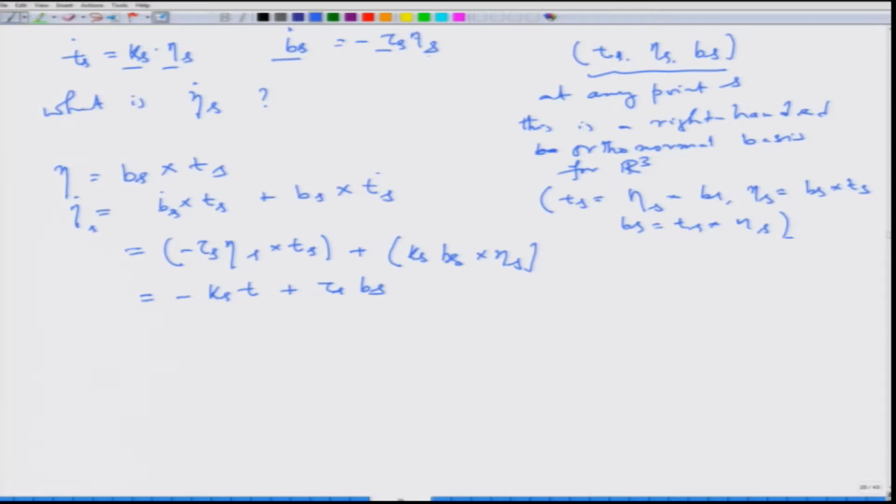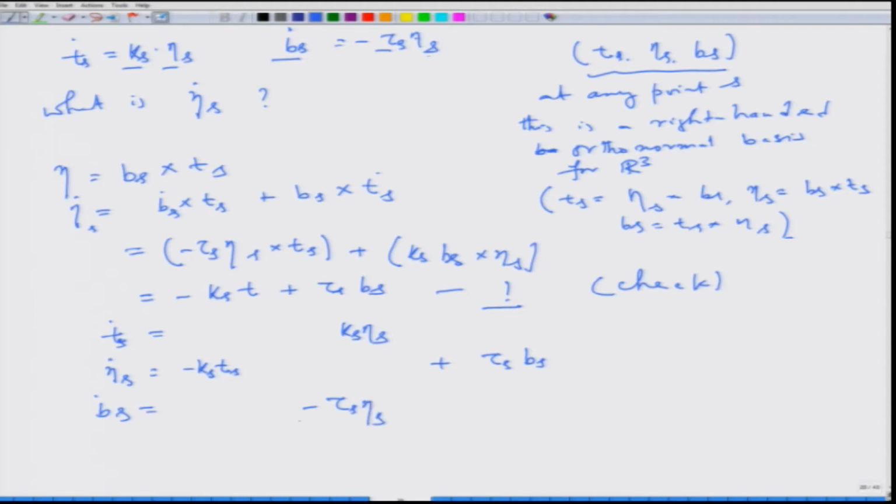How do I get that? Check. So, what do I get? I got T'(s) equal to k(s) η(s), η'(s) equal to minus k(s) T(s) plus τ(s) B(s), and B'(s) equal to minus τ(s) η(s).